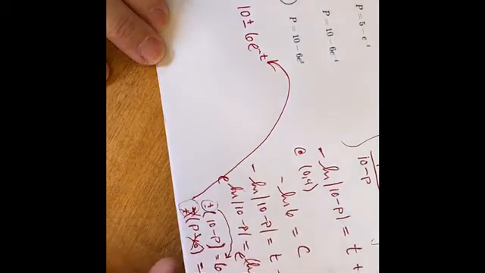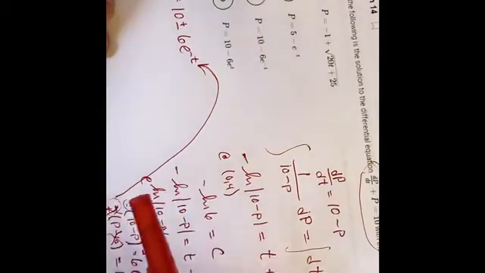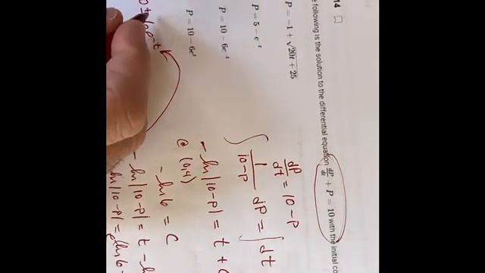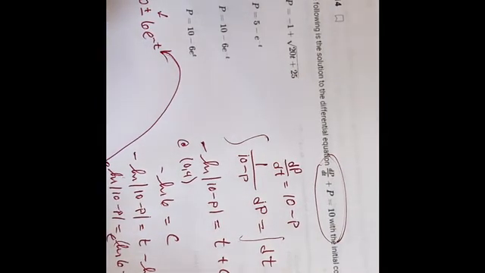Now we still have to use the initial condition, right? When t is 0, p is 4. We still have to figure out if it's the positive version or the negative version based on the absolute value. Okay?